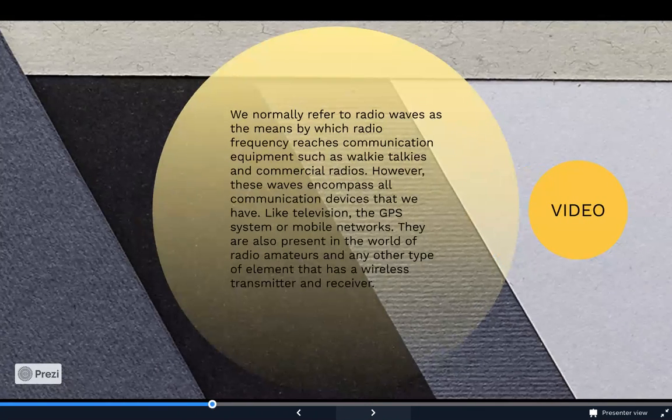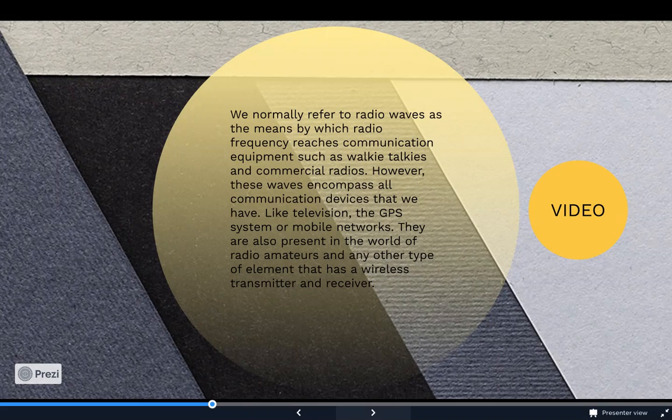Applications. We normally refer to radio waves as the means by which radio frequencies reach communication equipment such as walkie-talkies and commercial radios.